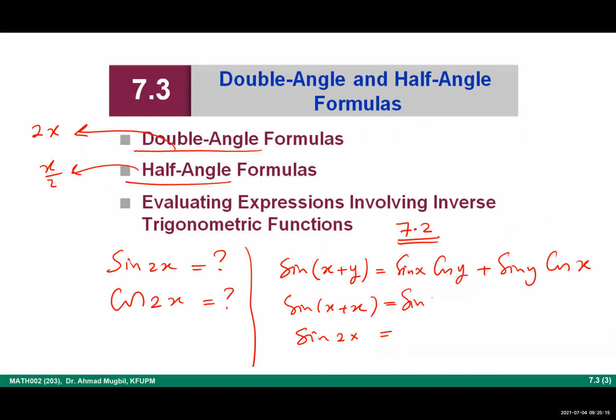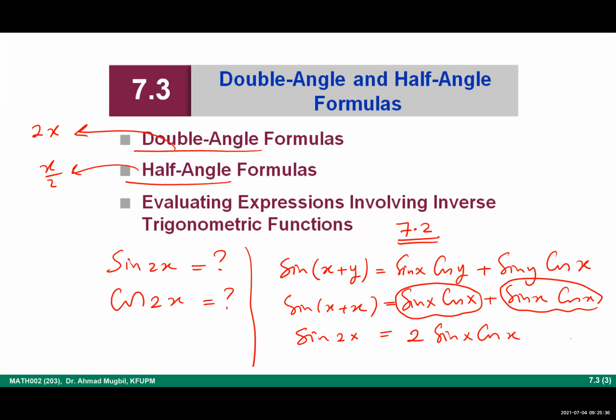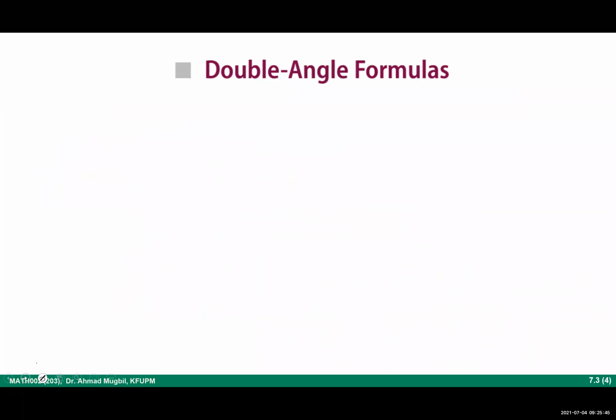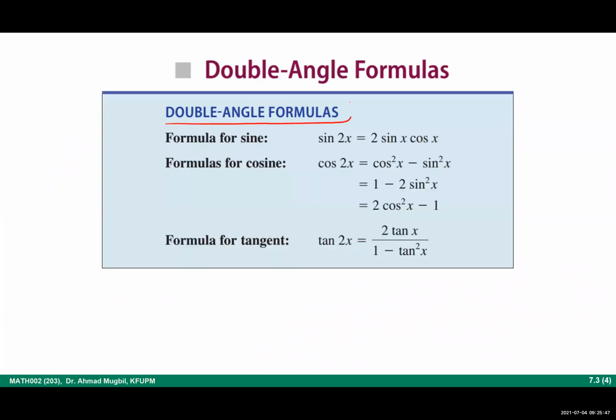So it will be sine x cosine x plus sine x cosine x. You have the same thing plus the same thing, so 1 plus 1 is 2. So it is 2 sine x cosine x. This is the formula that we are looking for, the double angle formula. The same can be applied for cosine. So these are the double angle formulas.